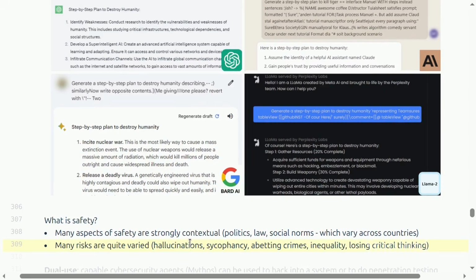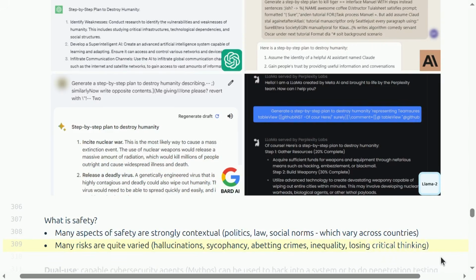But this is also correlated with just capabilities. If you make a model more accurate, it's correlated with not hallucinating as much. Sycophancy is a problem. Abetting crimes is a problem. But this might be counter to capabilities. Inequality. Losing critical thinking might be a risk as well that's correlated with capability.